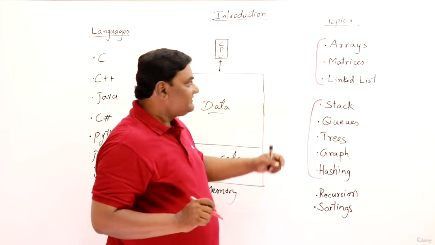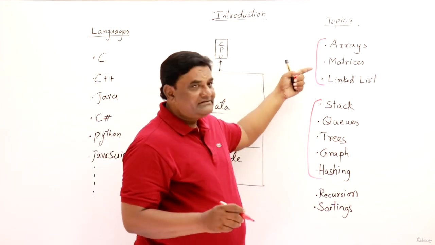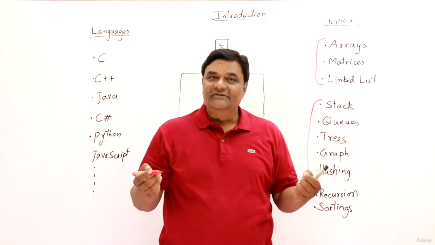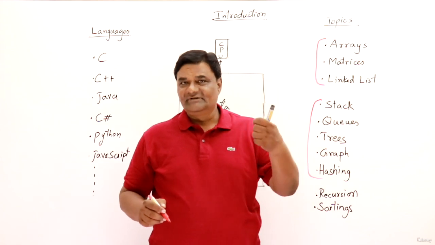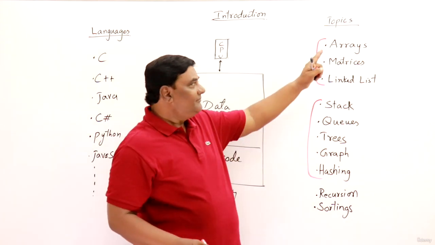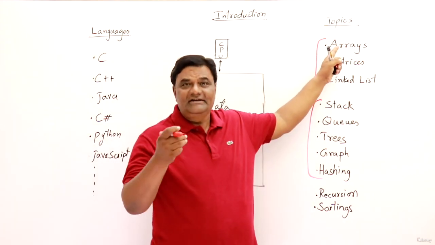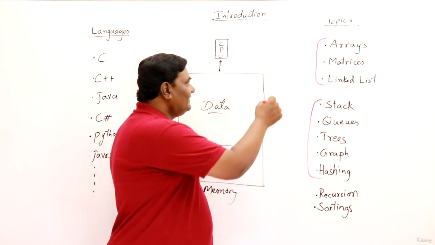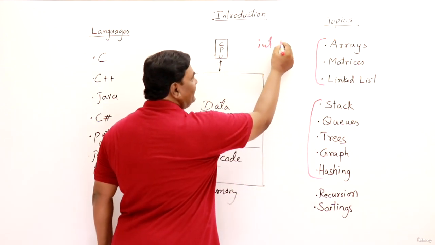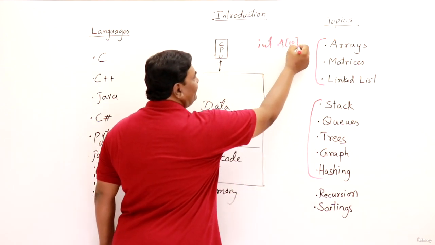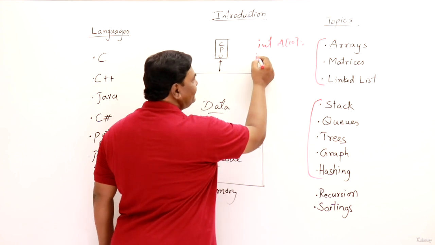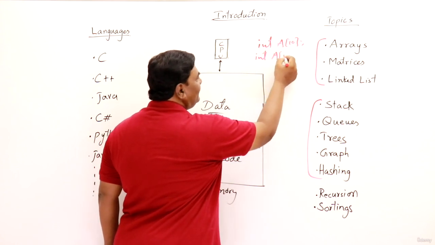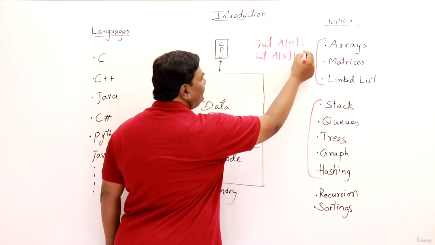If you take physical data structures like array and the matrices, these are provided by almost every programming language like C, C++, Java. In every language you have built-in arrays. This is a part of a compiler only. Directly you can declare an array like this and you can start using it. In C language you can declare a single-dimension array like this, or a two-dimensional array of some size for implementing matrices.